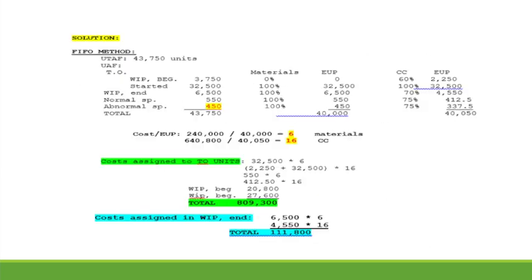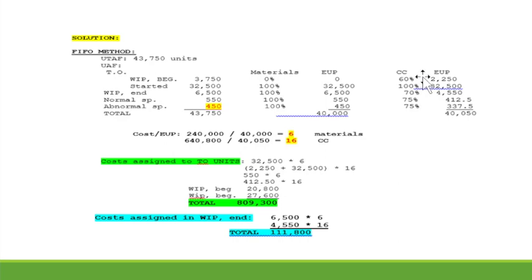So, what does it mean? Di ba ang tanong natin on the percentages ay ilan ang percentage of effort na inilagay mo on that particular item. So kapag WIP end ang pinag-uusapan, kung ilan ang completion niya, yun ang kanyang percentage sa conversion cost. Okay? Kasi yan yung effort na ginawa mo for that WIP end, 70% on this current period.